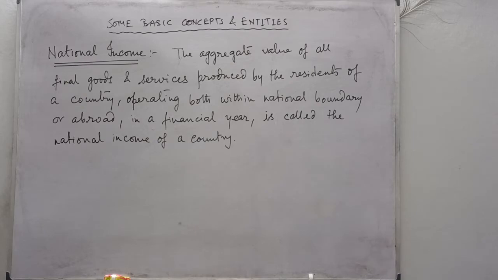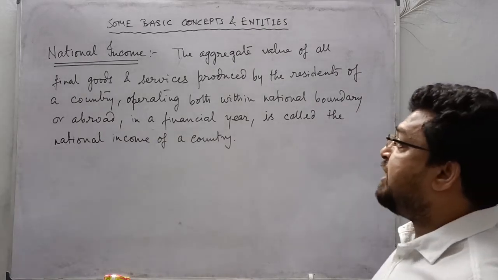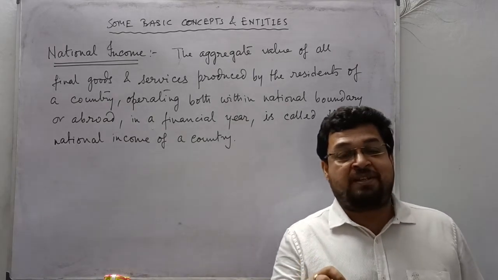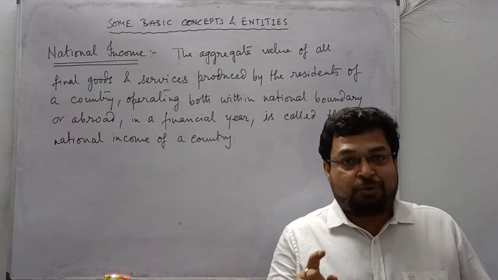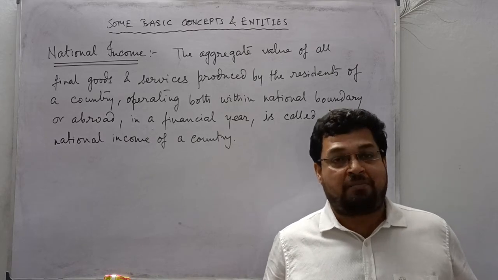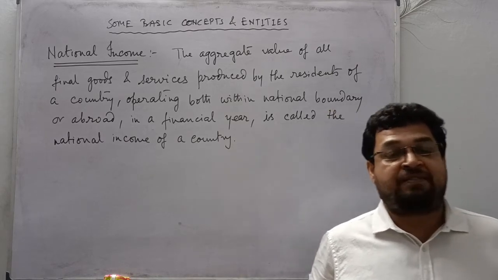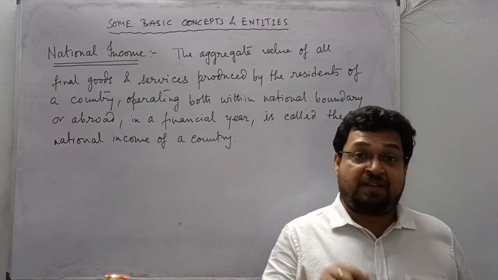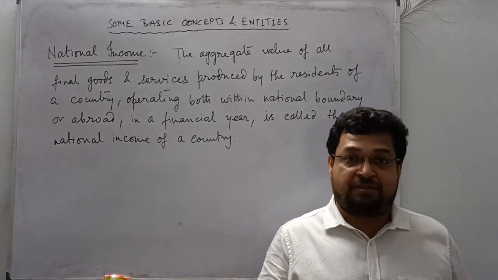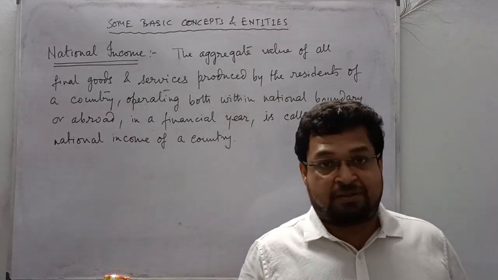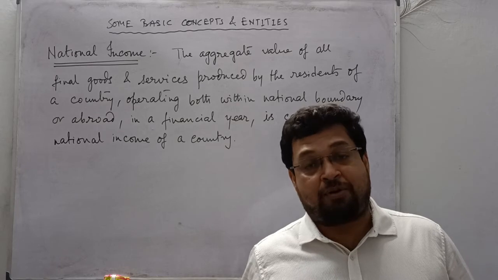Next comes the definition of national income. Now, national income, in a very simple sense, you can talk about as the total income of all the residents of a country. Resident means the person may stay within the geographical territory of the country or may be staying abroad.